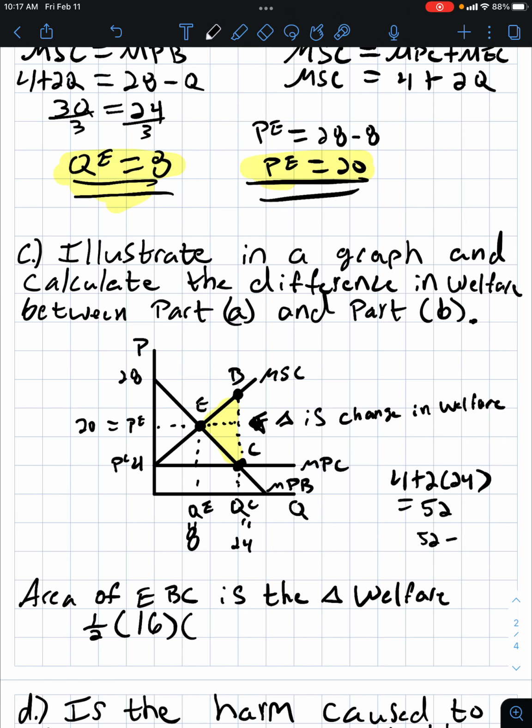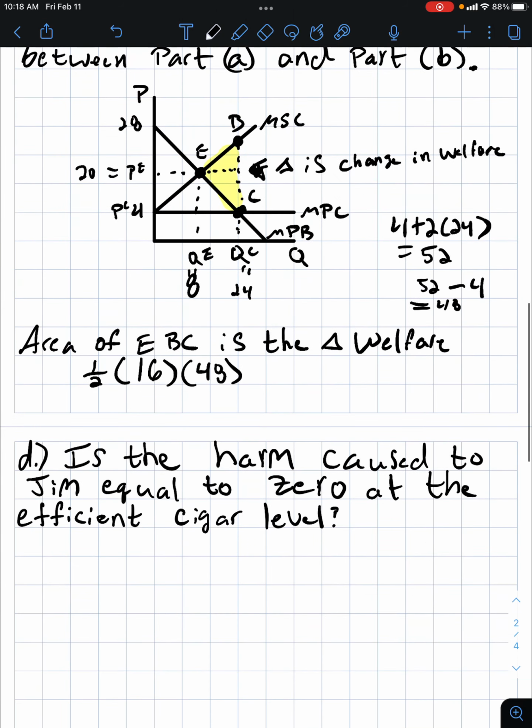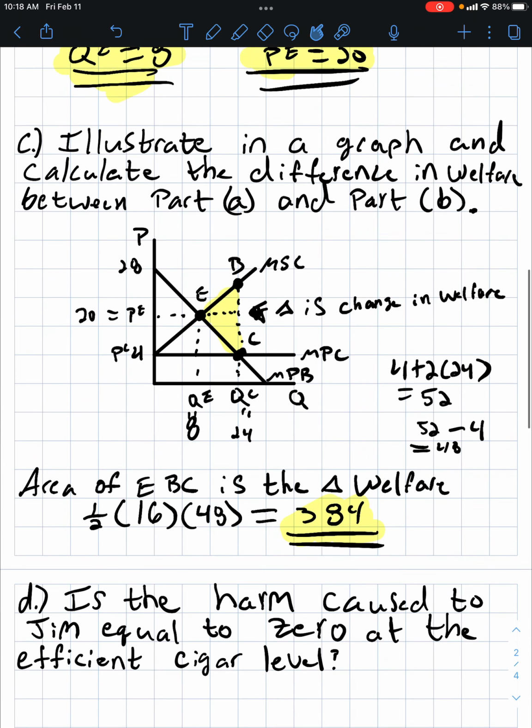So the price at B is 52, but to find the base it is 52 minus 4, which is equal to 48. So then the change in welfare is going to be equal to 384. That's our change in welfare, the area of the triangle.